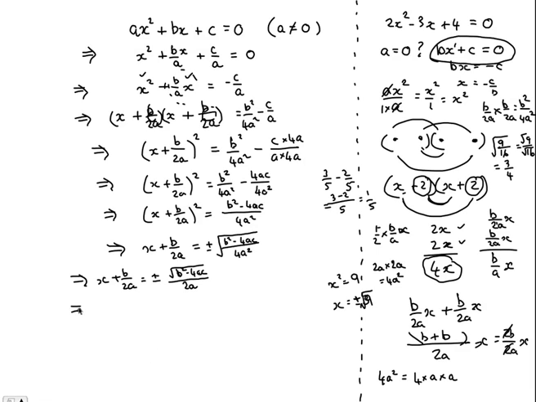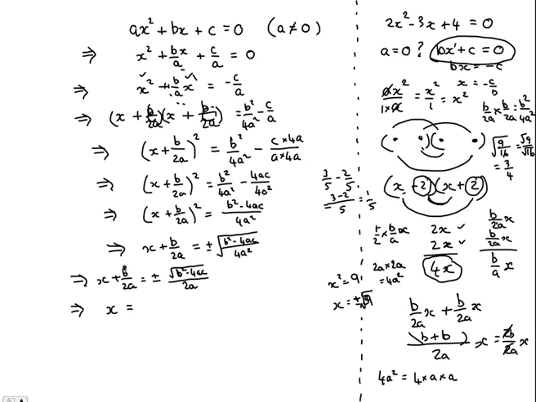Well, let's keep going. Remember, trying to solve this general quadratic equation means we need to find the value of x in terms of the a, b and c that we supposedly know. These are constants. So we have to find x, get x on its own.